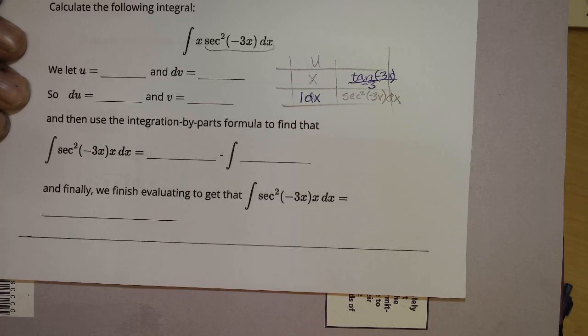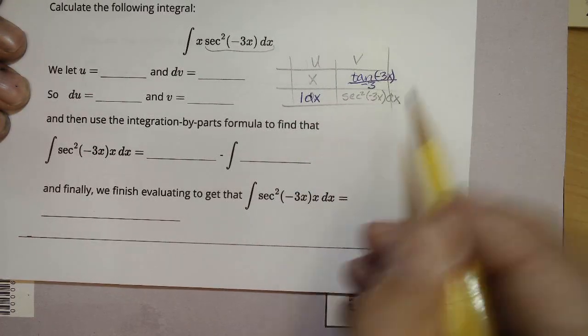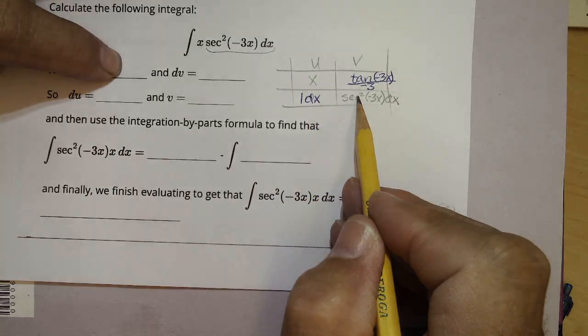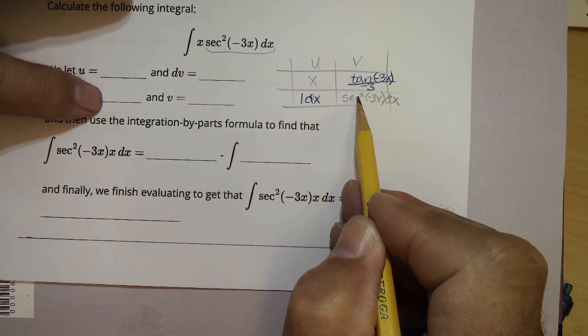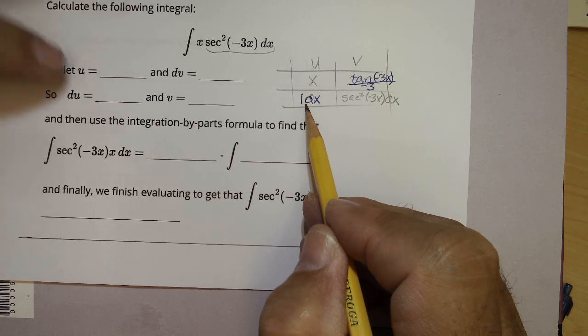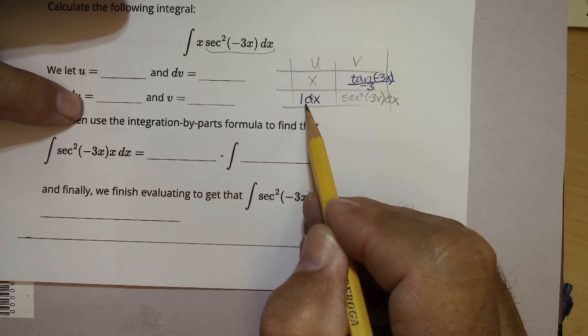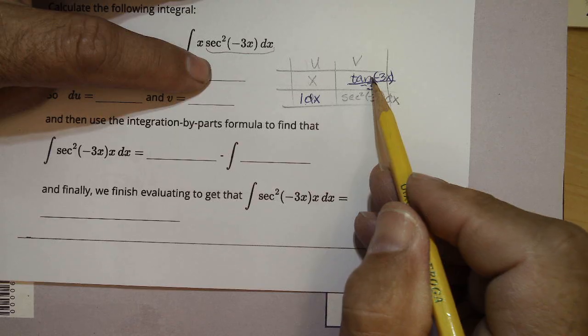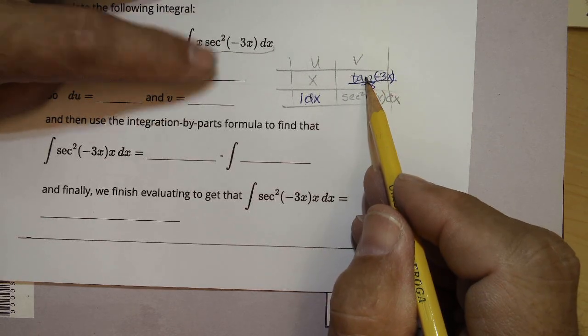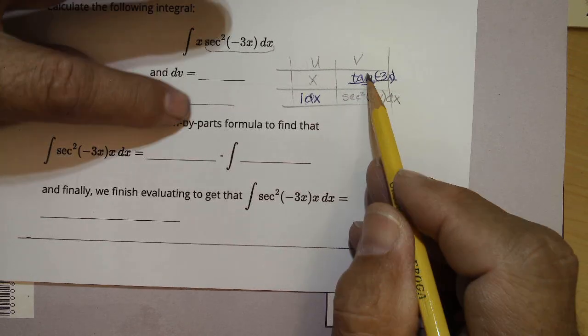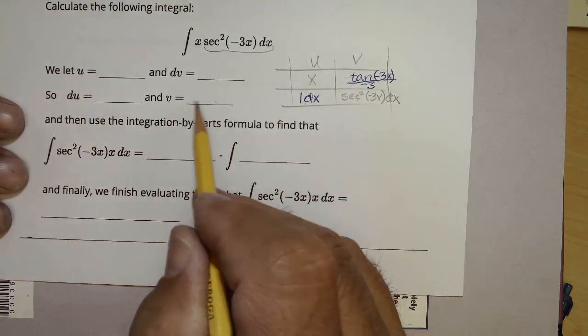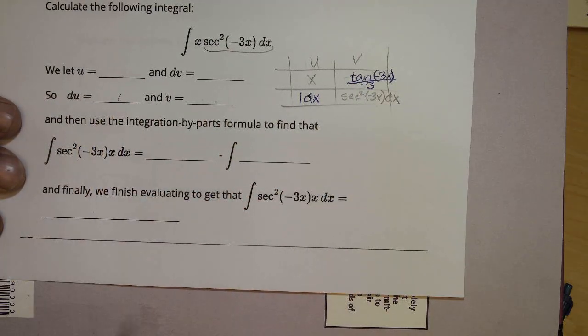So this is here, this is there. The derivative of this is 1 dx, and the antiderivative of this is this. So the blue goes here and the other blue goes there.